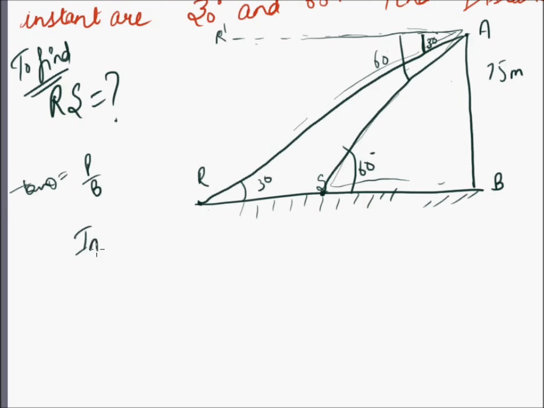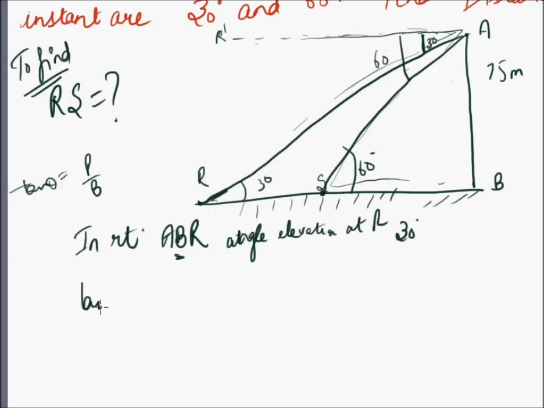So in right triangle ABR, right angled at B, and angle of elevation at R be 30 degree, we have tangent of 30 degree as perpendicular, that is AB over base, that is BR.